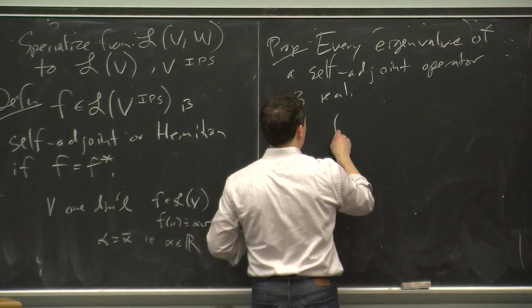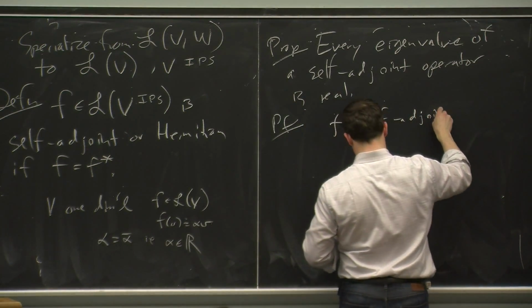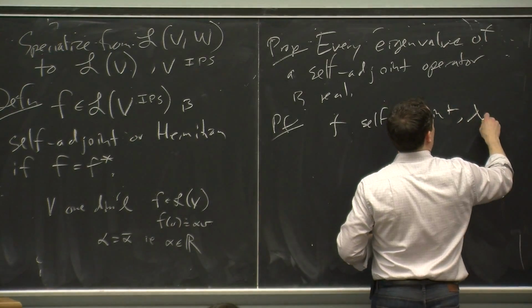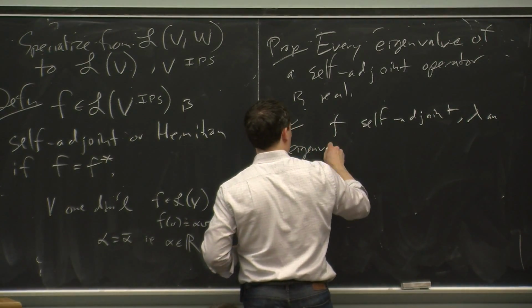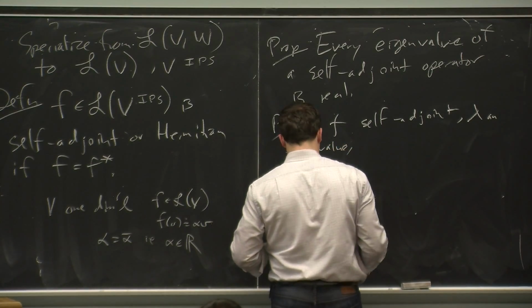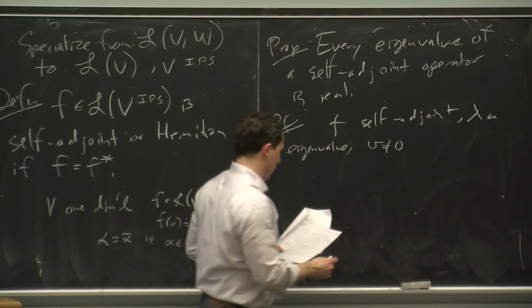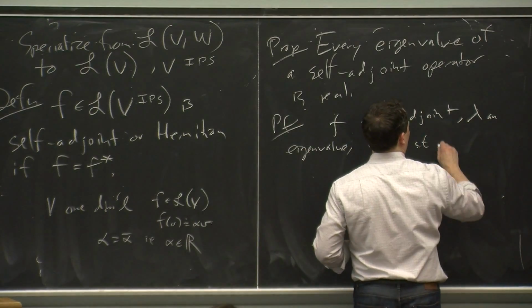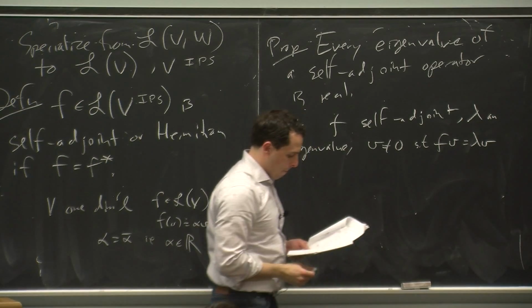We'll take F self-adjoint, lambda an eigenvalue, and V some non-zero vector that satisfies this eigenvalue equation.